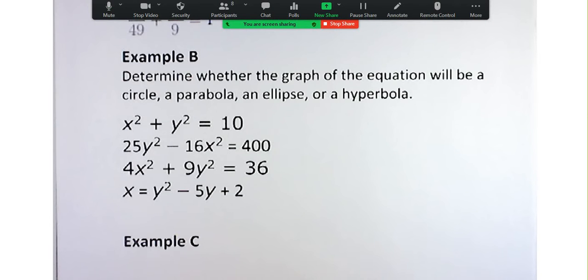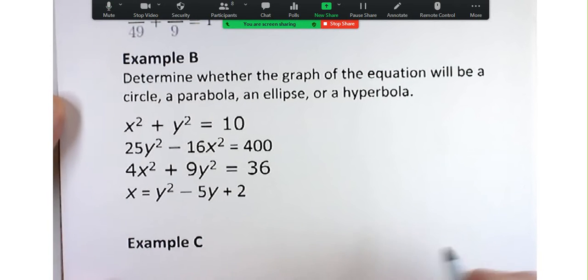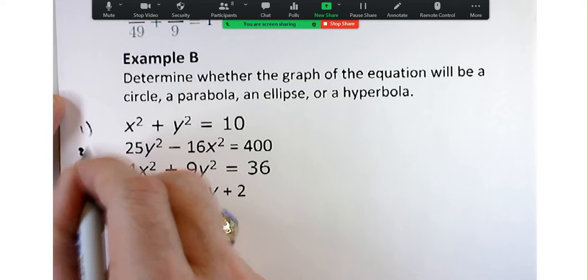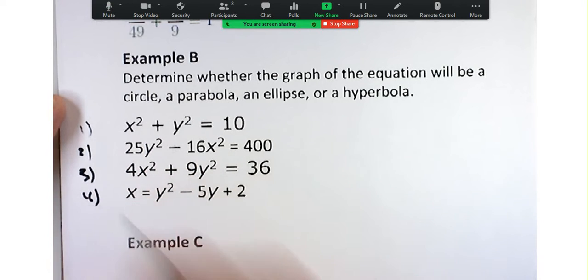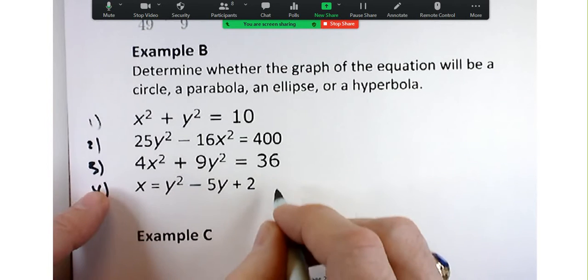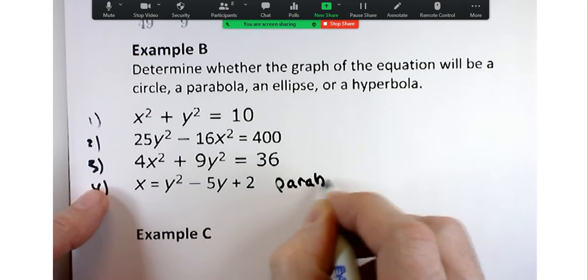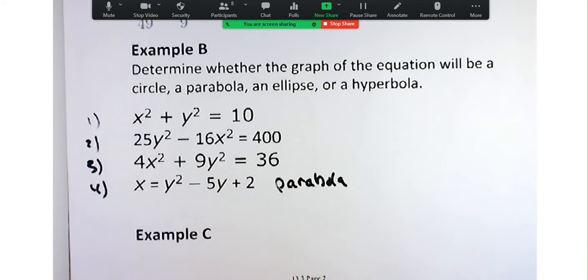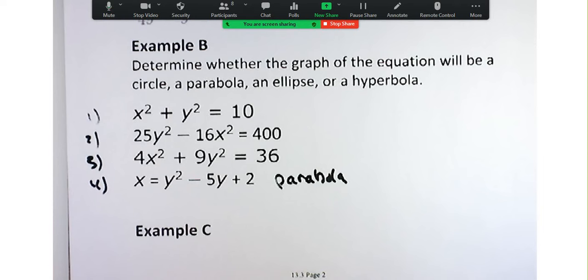So of these 4 equations, which one has to be the parabola? 1, 2, 3, or 4? 3. The last one, yeah. This one has to be the parabola, and that's because there's only one term that's squared. There's a y squared term, but not an x squared term. Okay, let's keep going.